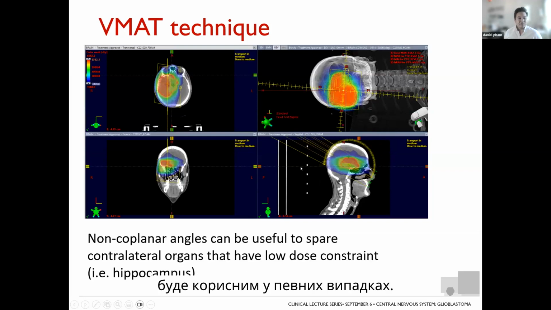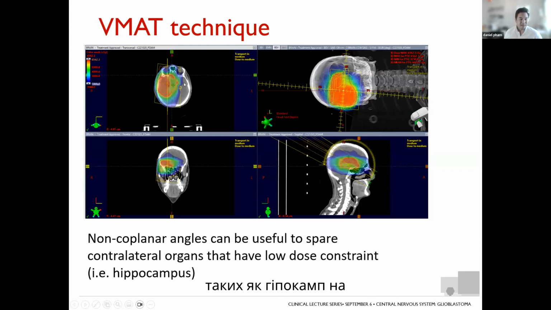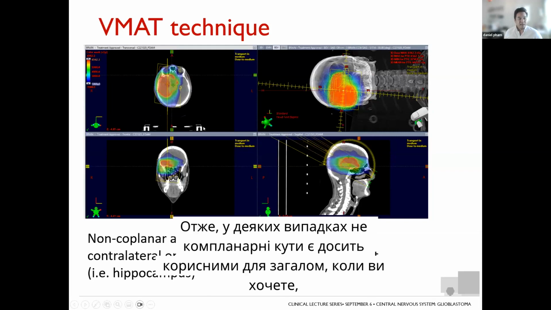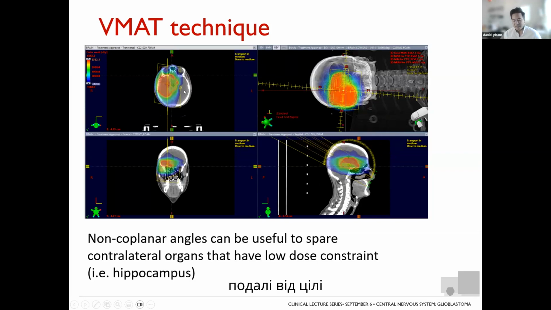And this can be useful for certain cases whereby we need to limit the low dose wash to a critical structure such as the hippocampus on the other side, that's contralateral to the target. So in some cases, non-coplanar angles are quite useful. Generally, when you want low dose sparing to an organ on the other side, further away from the target.